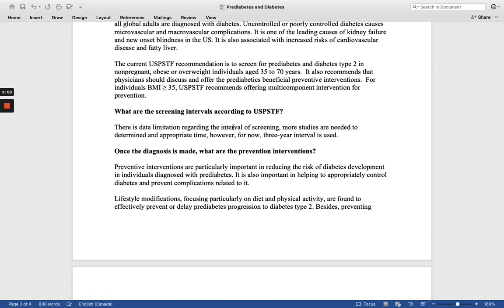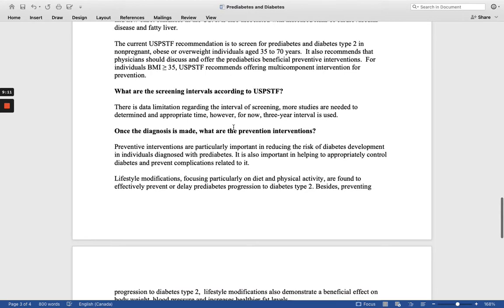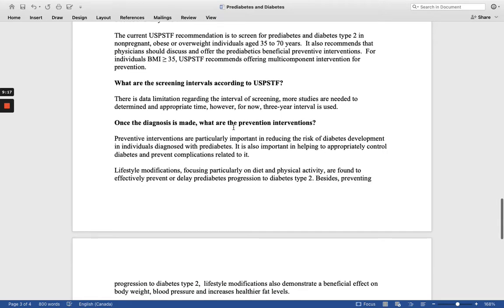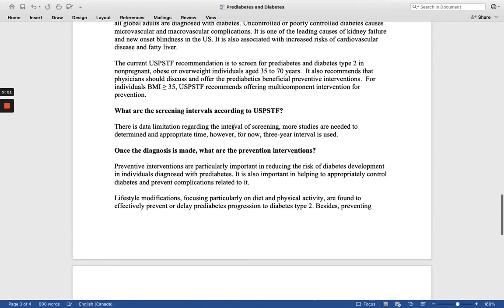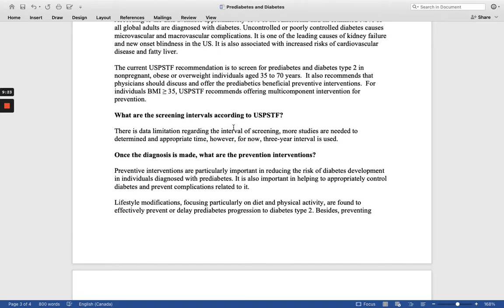For people who are obese to the point where their BMI is more than 35, the USPSTF recommends offering multi-component intervention for prevention of diabetes in these pre-diabetic patients. Okay, so because this guideline is new, they don't know how often they need to be screened.